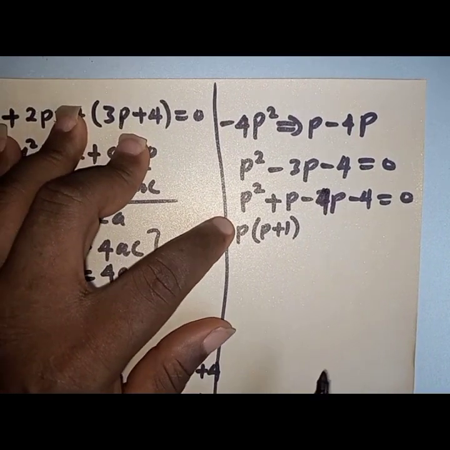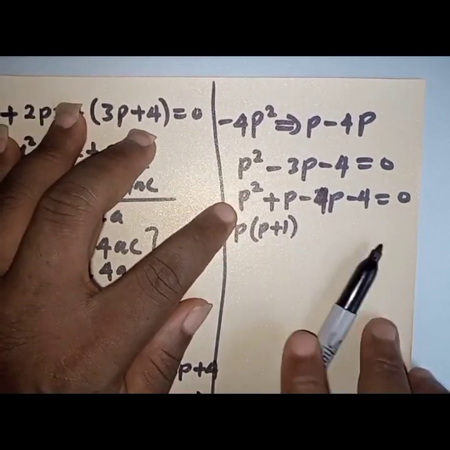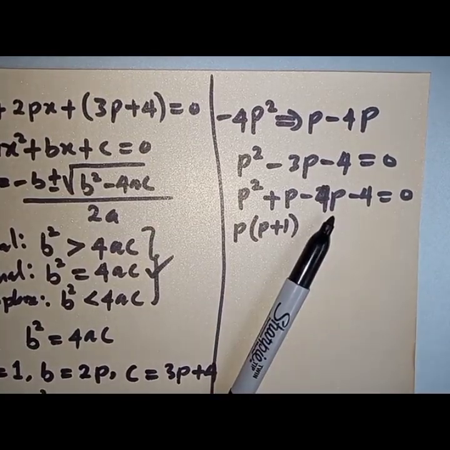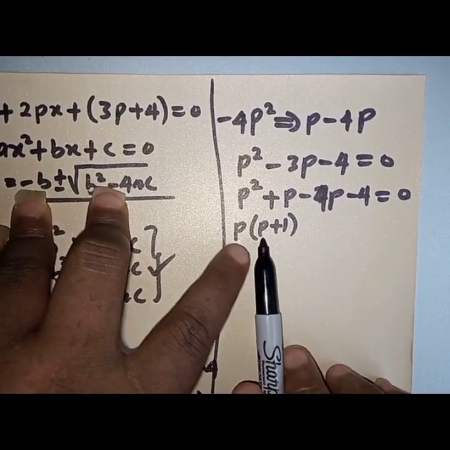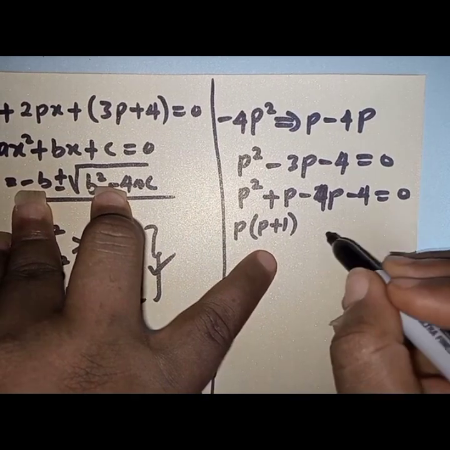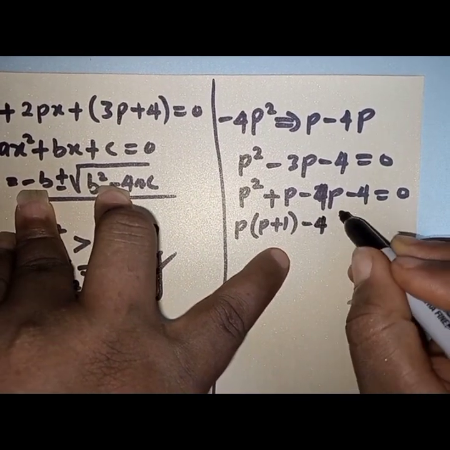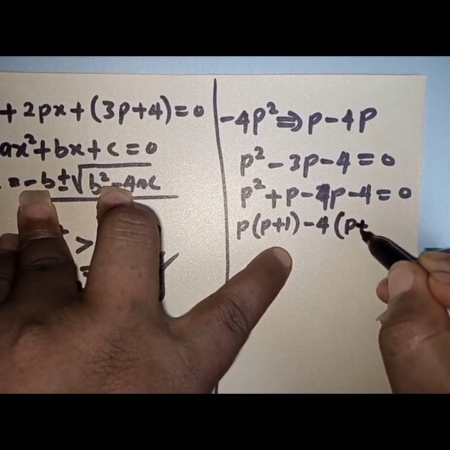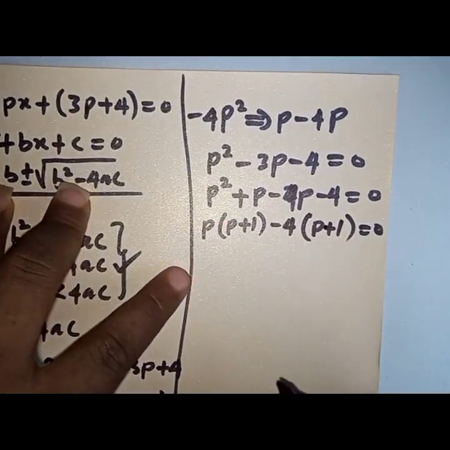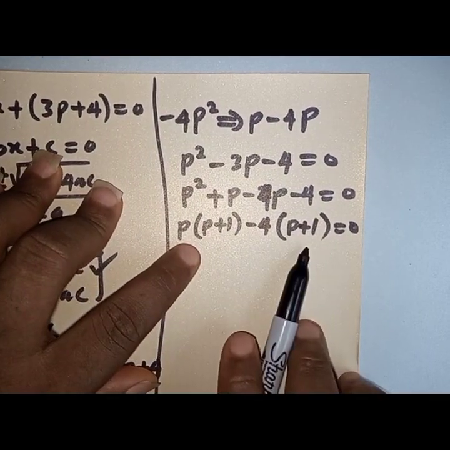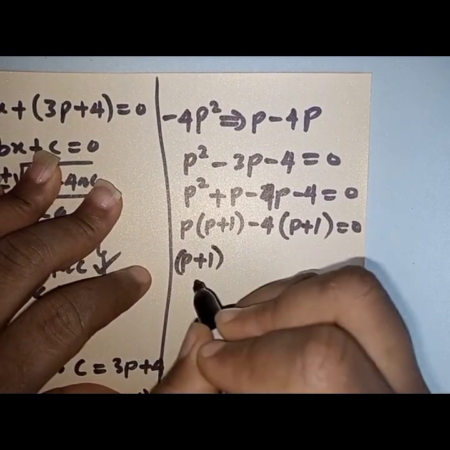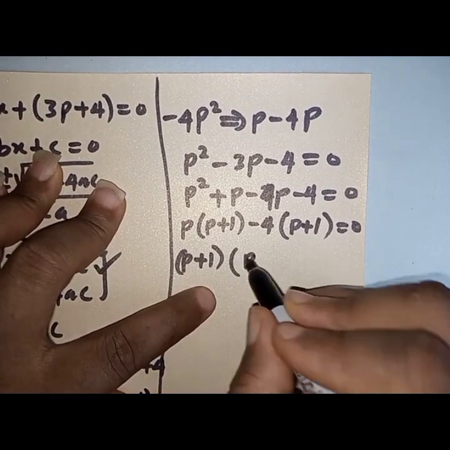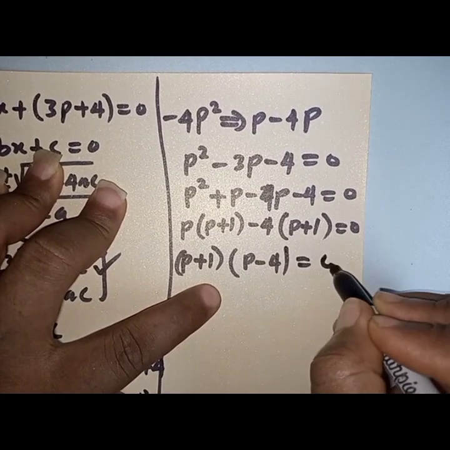So we have p squared, and p into bracket p plus 1. The minus 4 is common here: minus 4 into bracket p plus 1 is equal to 0. So we factorize further. We have p plus 1 into the remaining factor p minus 4 equal to 0.